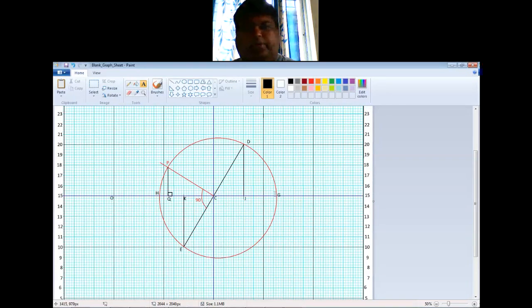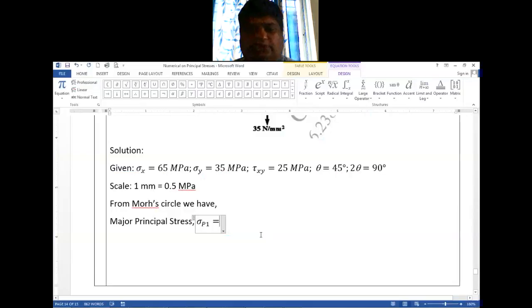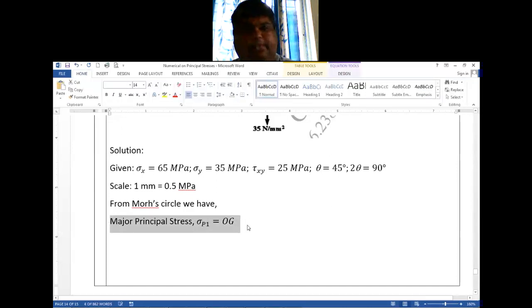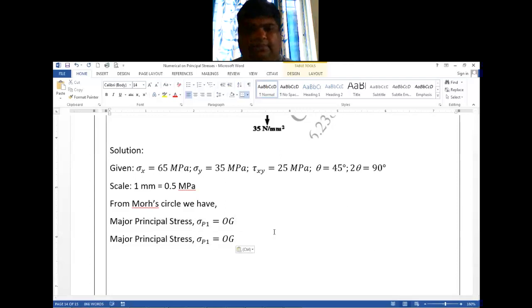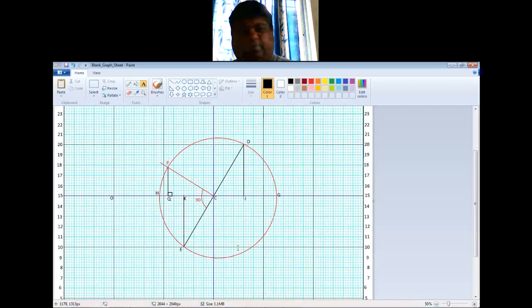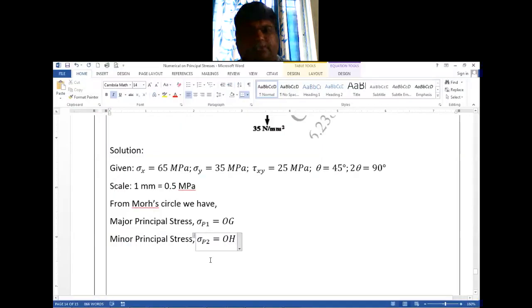This is the origin from here to this end, that is your major principal stress. So you have to convert this into scale. Then minor principal stress, sigma P2 is OH, right? OG, OH. That is your principal stresses.